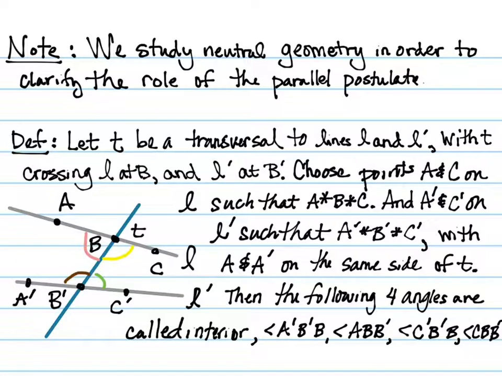Another amendment, if you will, or one more addition to this. Also, angle ABB prime and C prime B prime B are called alternate interior angles.